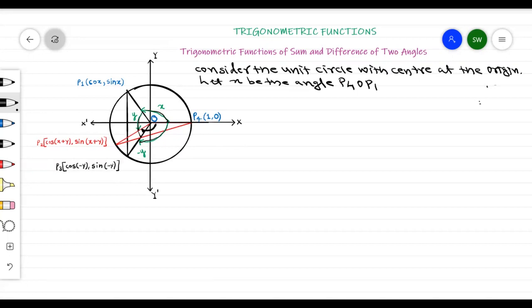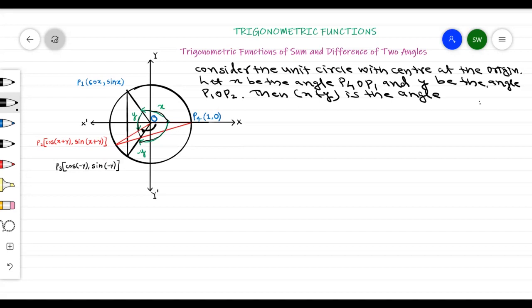And let y be the angle P1OP2. Then x plus y is the angle P4OP2. This will be x plus this y, so that is x plus y.